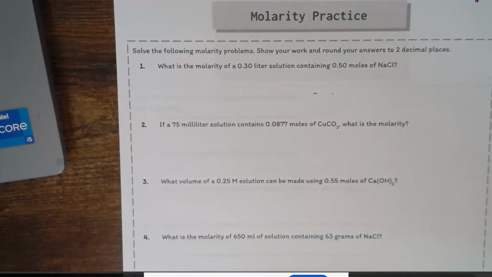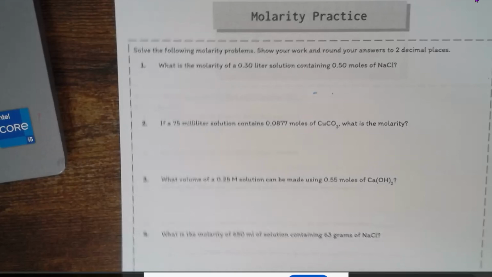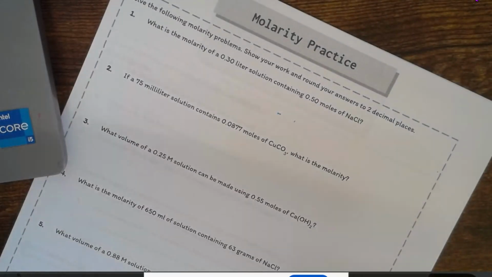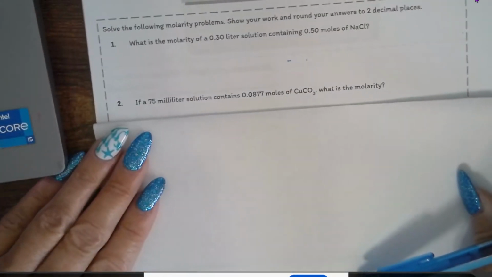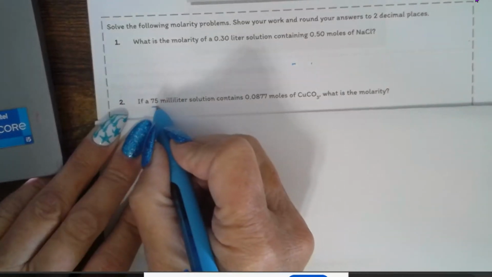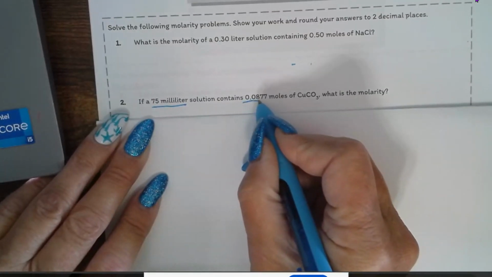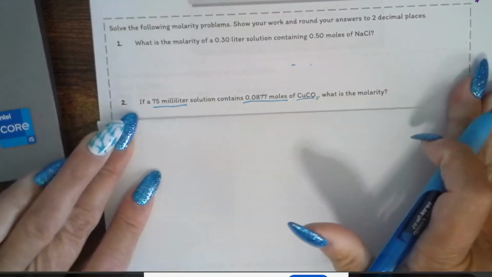So let's look at number 2. Number 2 says, if a 75 milliliter solution contains 0.0877 moles of copper carbonate, what is the molarity?